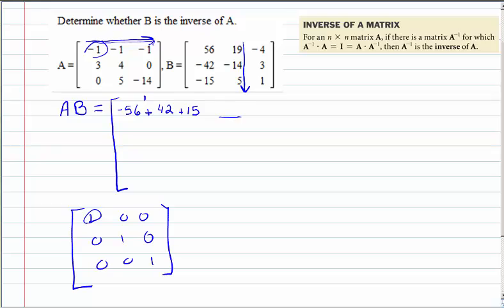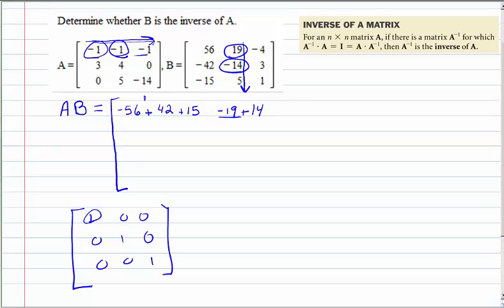So negative 1 times 19, that's negative 19. And then I'm going to add the next product, which I get from the second item in this first row and the second item in the second column, because I'm trying to find an element in row 1, column 2 of my product. So negative 1 times negative 14 is positive 14.